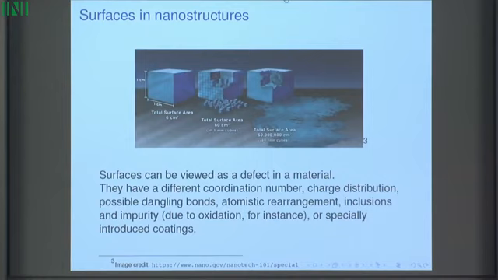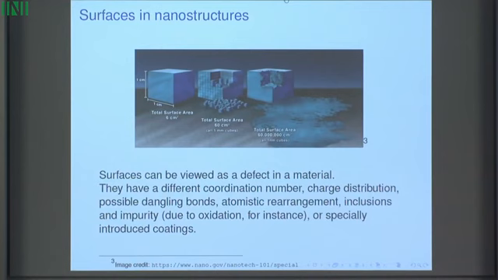Moreover, on macroscopic level, surface might be contaminated by inclusions and impurity. For instance, you might have oxidation on the surface. And on top of everything, you can also have coatings on the surface. You can have coated structures. So all these different surface properties can be, to some degree, modeled by those models which I'm going to talk about today.